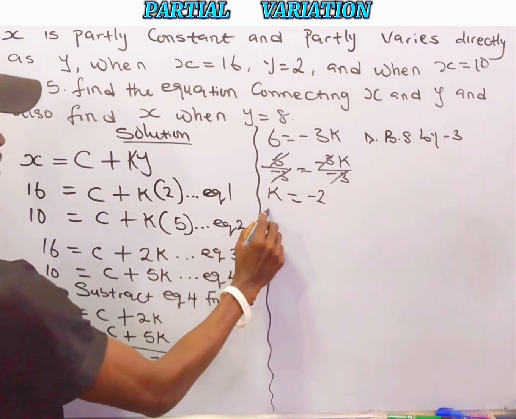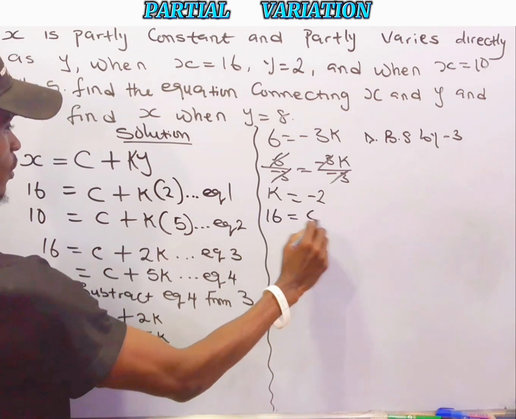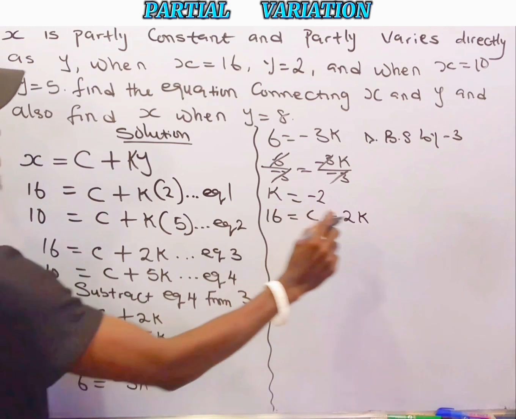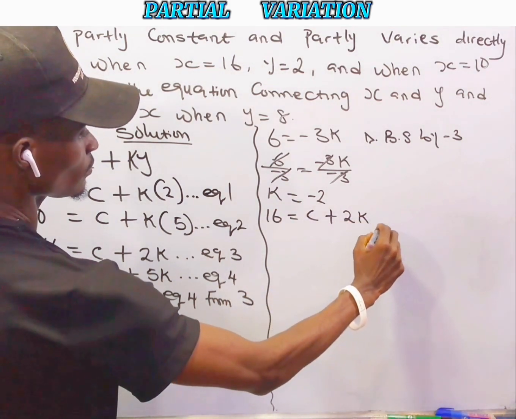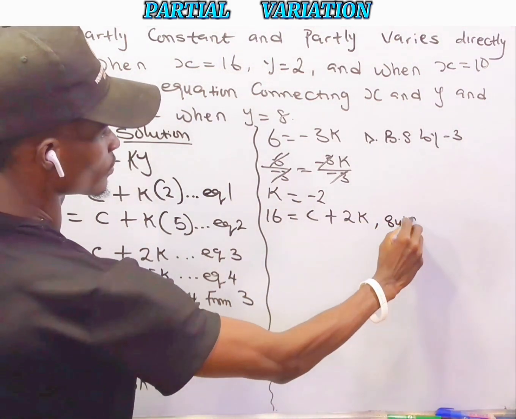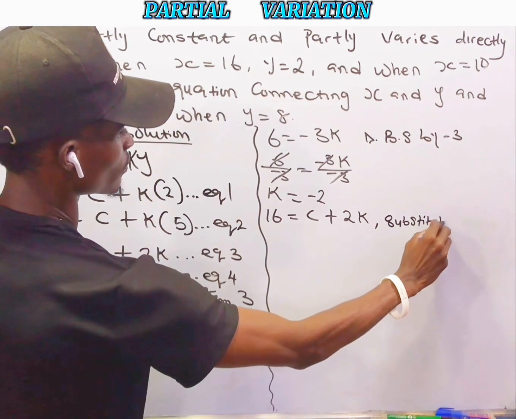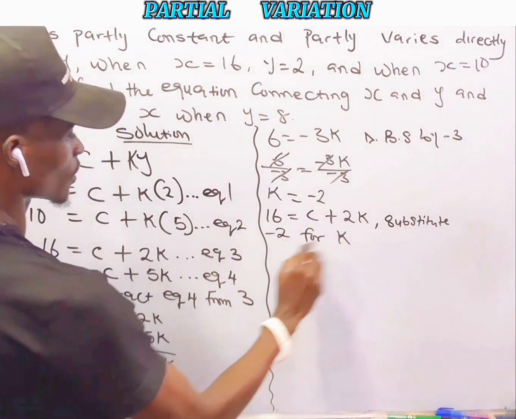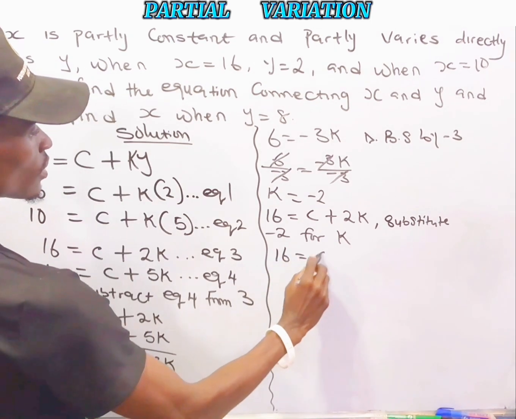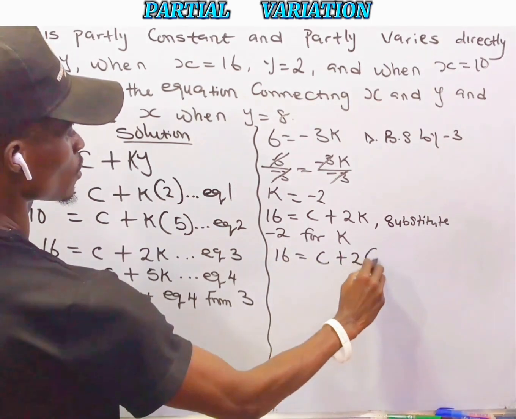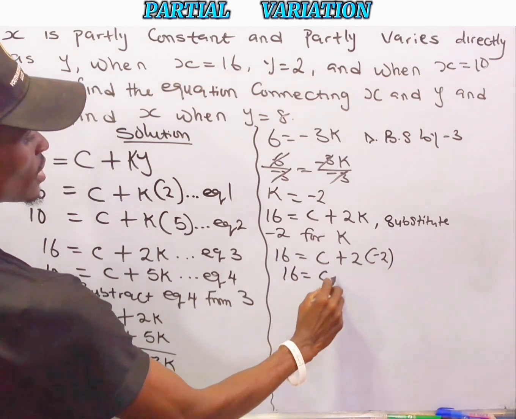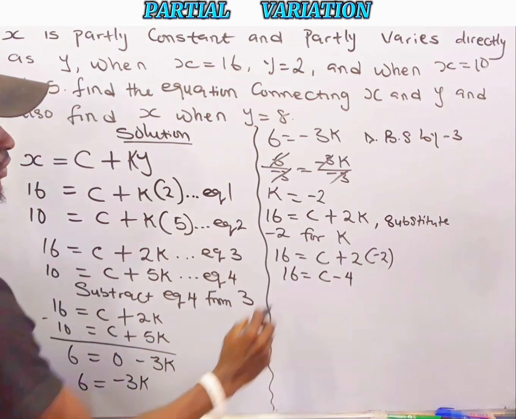From equation 3, which is 16 equals c plus 2k. Substitute negative 2 for k. So 16 is equal to c plus 2 times negative 2. 16 will now be c minus 4.